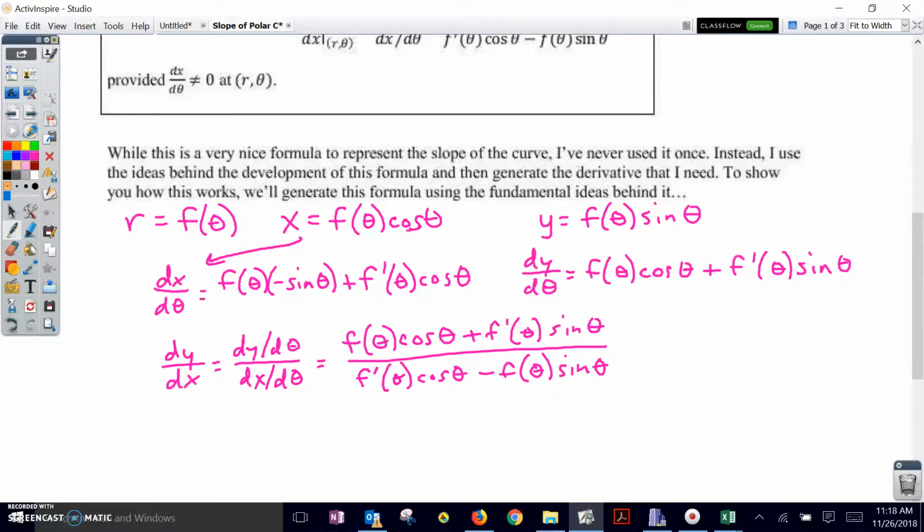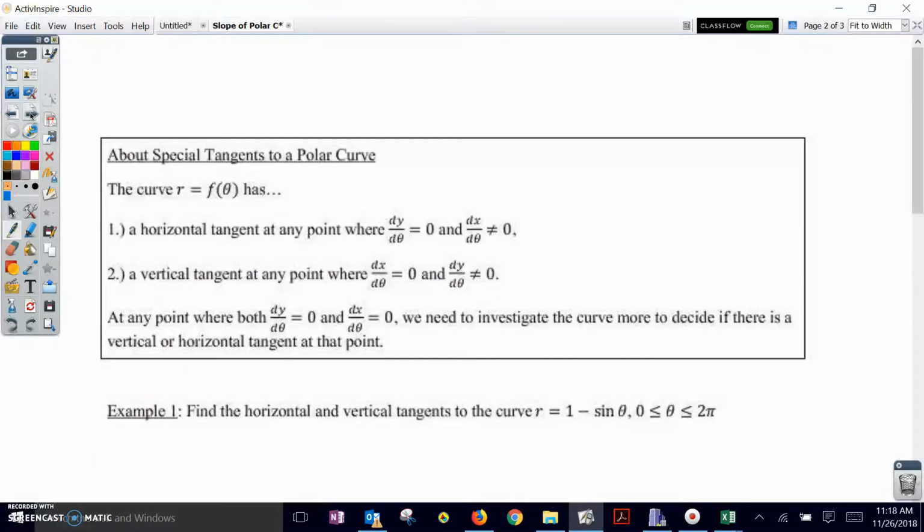Alright? Alright. Let's go on and look at example 1. Special tangents to a polar curve. Specifically, we're talking about horizontal and vertical tangents here. We have a horizontal tangent to a curve anytime where dy d theta equals 0, but dx d theta does not.